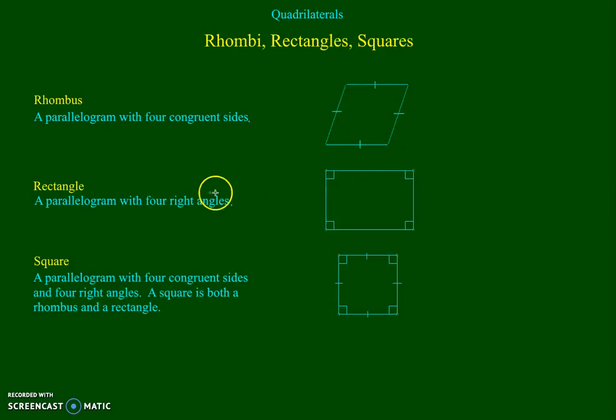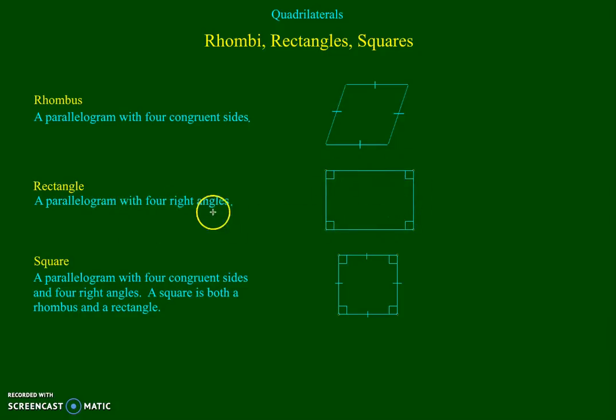The same is true for rectangles. A rectangle is a parallelogram with four right angles. It also has four congruent angles. If you know that the sum of the measures of the angles of a quadrilateral add up to 360 degrees, then they would all be 90-degree angles, so they're all congruent.